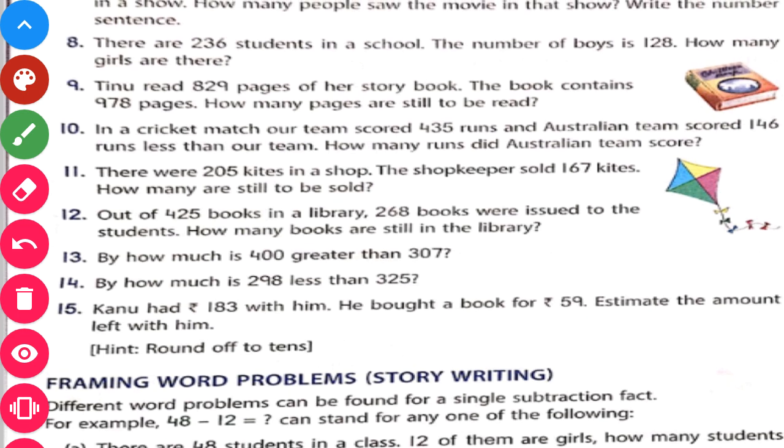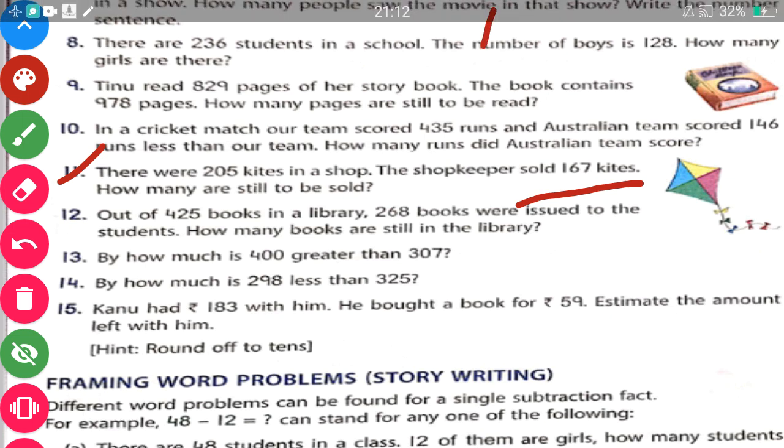So our next question says, question number 11. There are 205 kites in a shop. The shopkeeper sold 167 kites. How many are still to be sold?